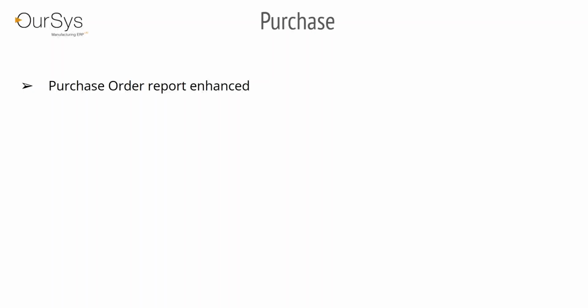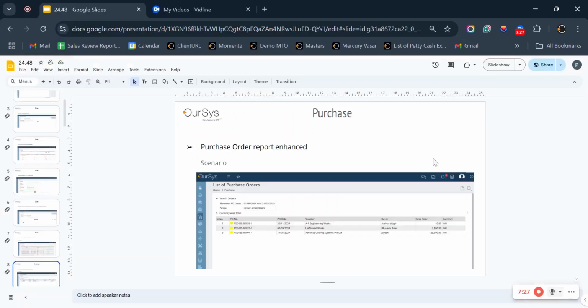Purchase order report enhanced. The detailed report enhanced. Previously, OurSys did not have a way for the user to easily find any purchase order that had been changed or updated but was still under draft mode.